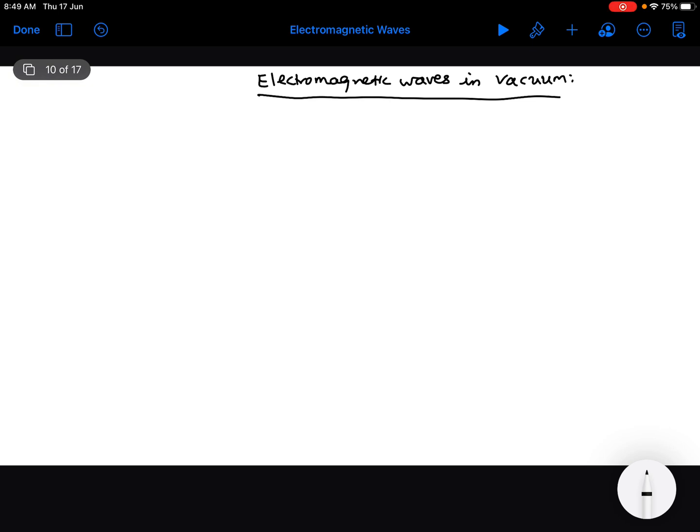Now we look at wave equations for E and B. In free space, the charge density is 0 and the current density is 0.